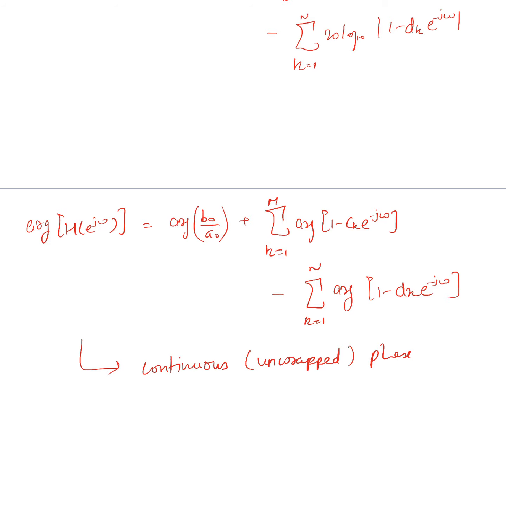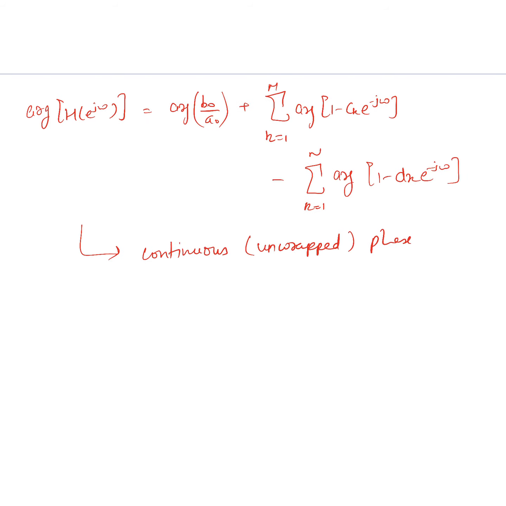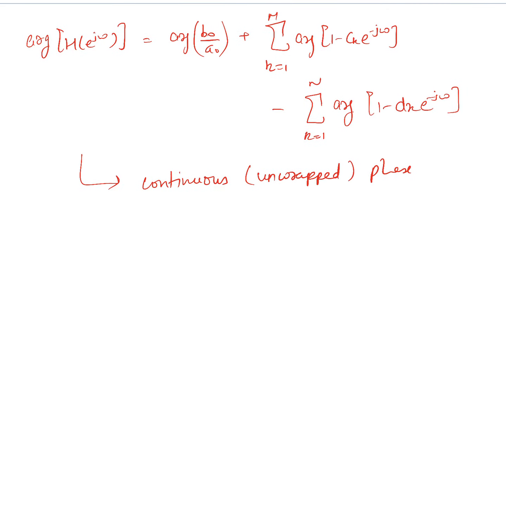while the group delay is the negative of the differentiation of this argument. So if I write the group delay of this function H of e to the power j omega, the first term would be 0, of course, because it's not a function of omega. So it would be minus the derivative of the argument function.